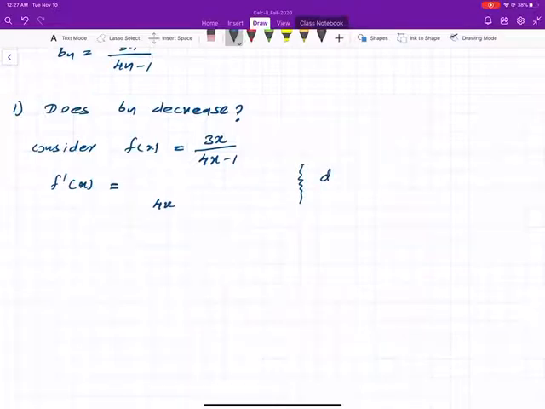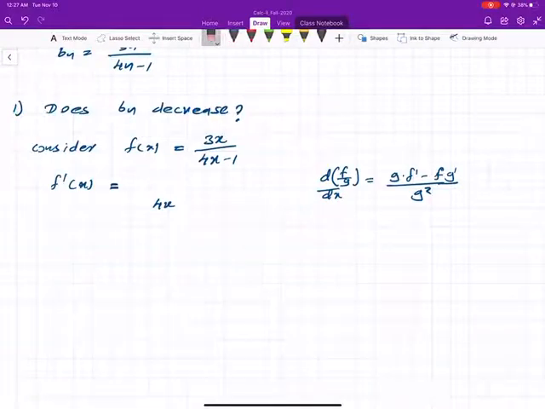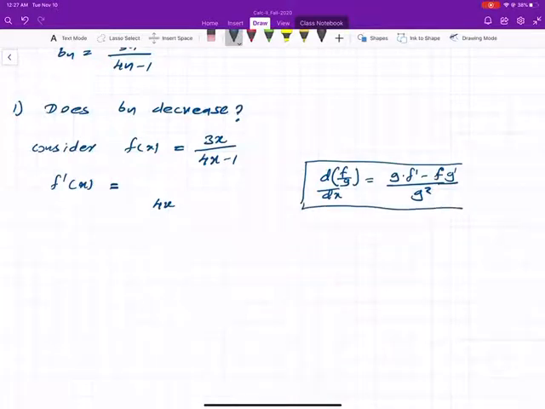The quotient rule goes like this: the derivative of f over g is g times f prime minus f times g prime, all over g squared. Okay, so this is the formula that we are going to use.